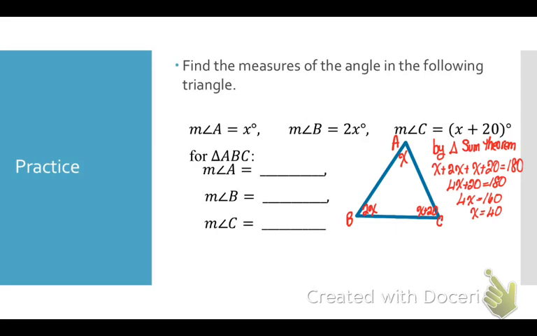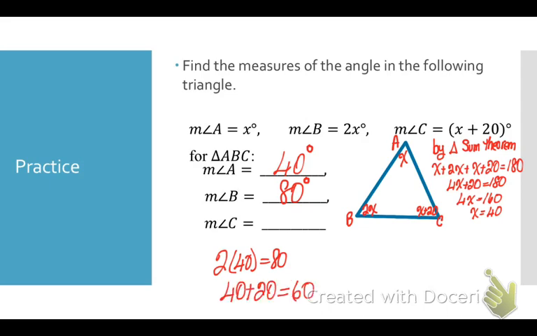Now, since x equals 40, the measure of A is x, so it equals 40 degrees. I should have put a degree symbol on there. And the measure of B, I'm going to put 40 in for x, so 2 times 40 is 80, so that's 80 degrees. And the measure of angle C is 40 plus 20, which is 60 degrees.